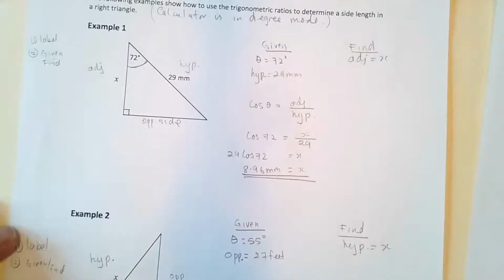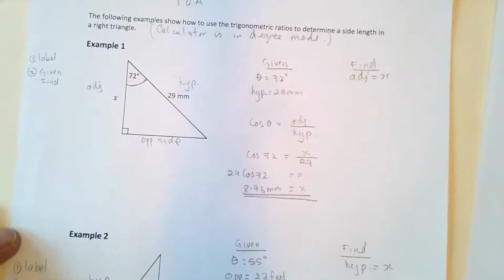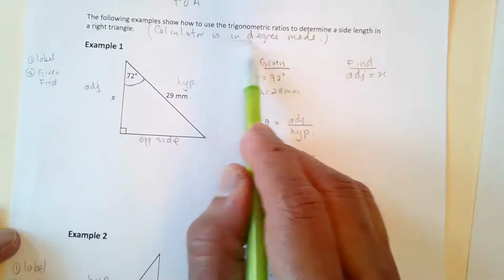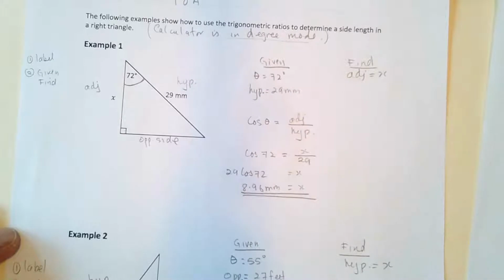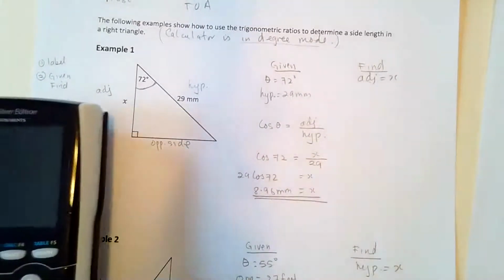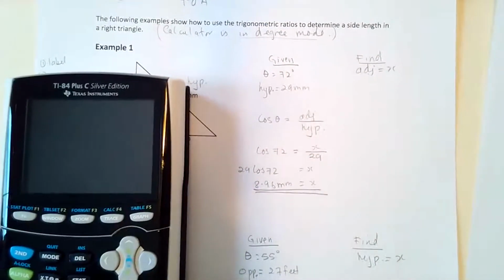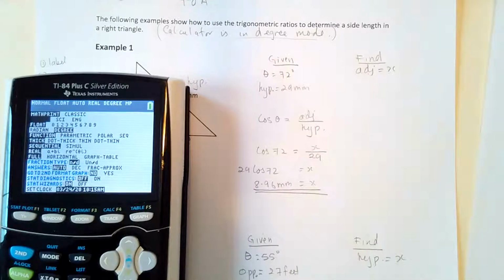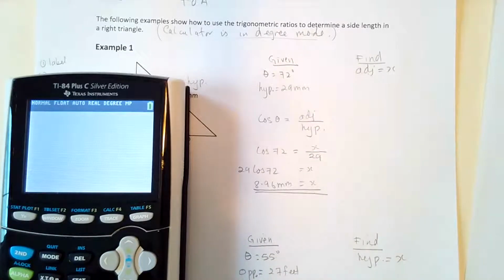Then we looked at a couple of examples yesterday. For all of these examples, you need your calculator, and your calculator must be in degree mode. I showed you yesterday with the graphing calculator that I used. I make sure my calculator is on, and I use mode. On your calculator, it probably will not look like this, unless you have a graphing calculator.